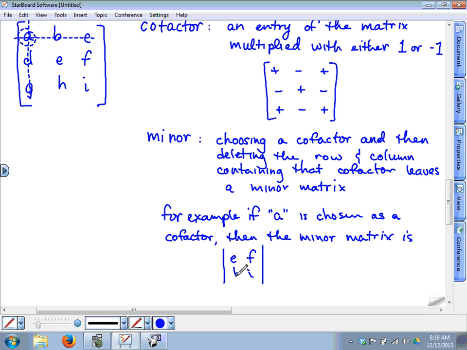So if E, F, H, I is the matrix that's left over, what's the determinant of that? EI minus HF. So the value of that matrix, the determinant of that matrix, is called the minor. You're going to have to know all this in order to find the determinant of a 3x3 matrix.